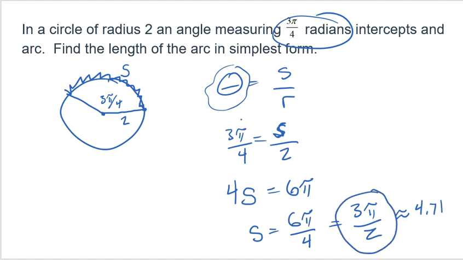So the length of that arc would be 4.71. And again, this would be true if it was in miles, inches, feet, millimeters, doesn't matter, whatever the unit is. This problem didn't necessarily specify units, so I'll just leave it as no unit, even though there should be a unit there. Radiuses and arc lengths do have a unit of measurement, whether it be feet, miles, millimeters, centimeters. This problem just didn't specify, no big deal.